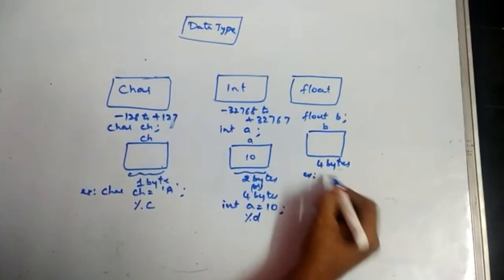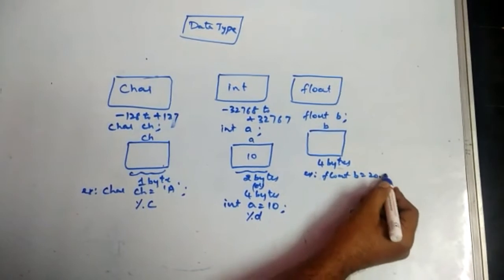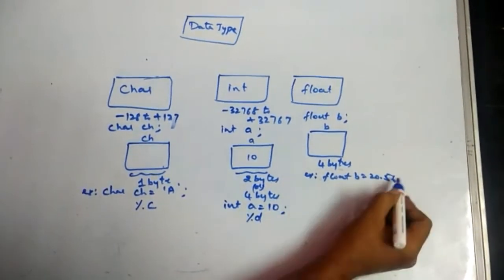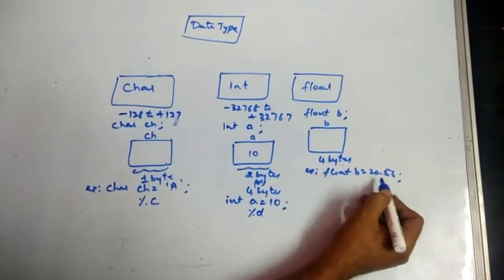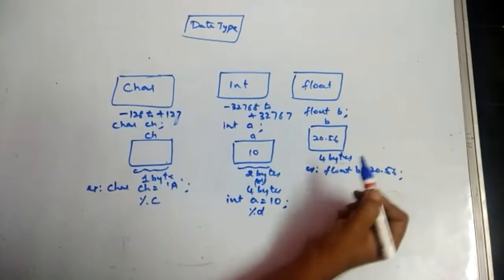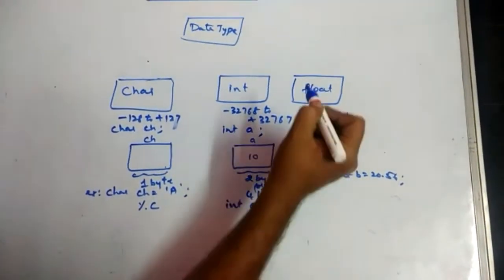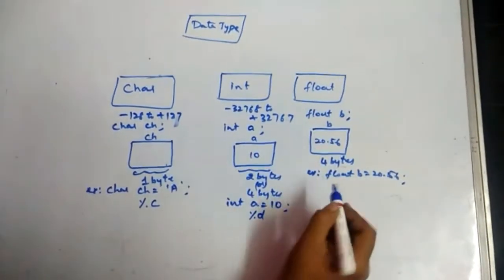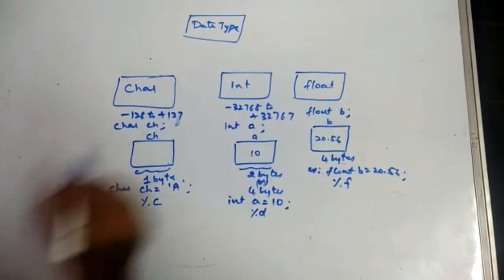Example, float b = 20.56. So 20.56 will be stored in a float variable. Whenever you want to represent a fractional value, you need to use the float data type. And the format specifier used here is %f.